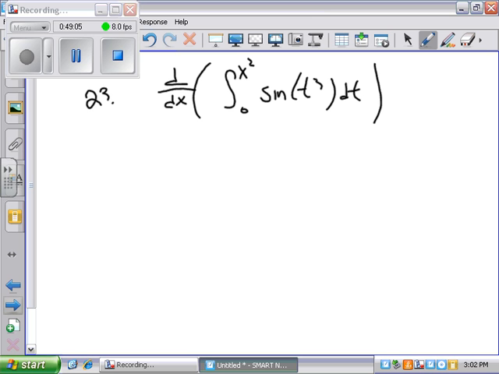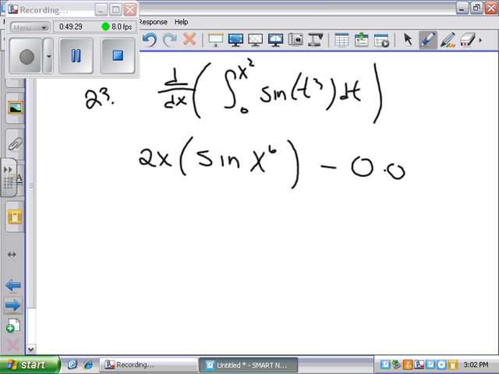All you do is take the derivative of the upper limit, which is 2x, times what you get when you plug in that upper limit for t. So x squared cubed, which would be x to the 6. And then minus the derivative of 0, which is 0, times what you plug in for 0. But we don't care about that.